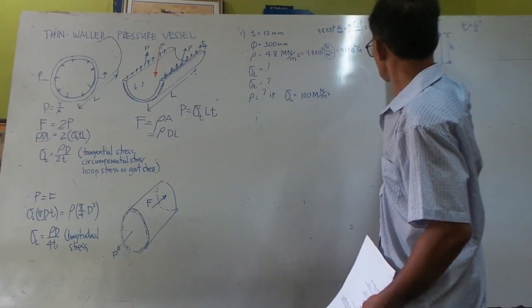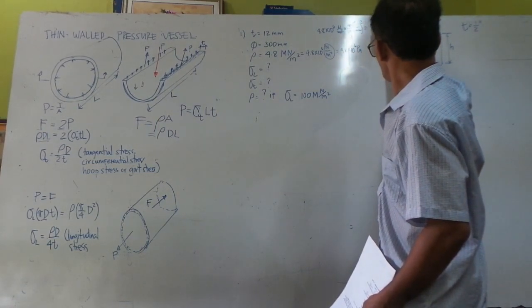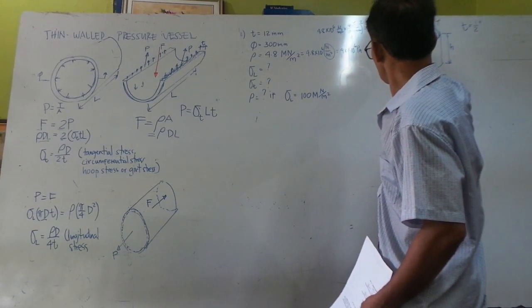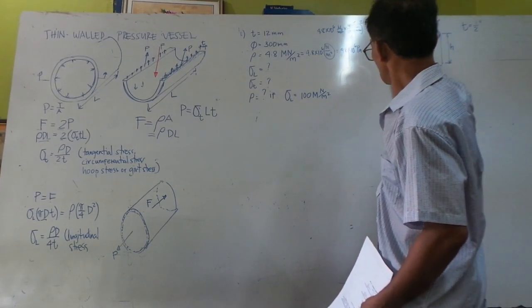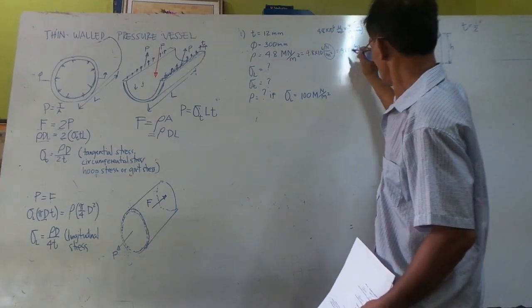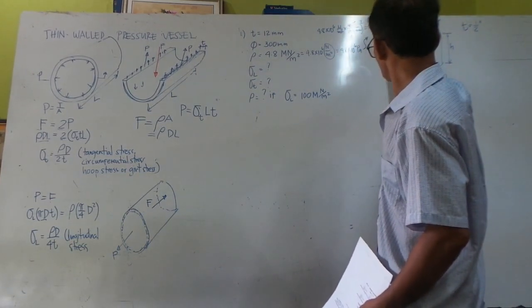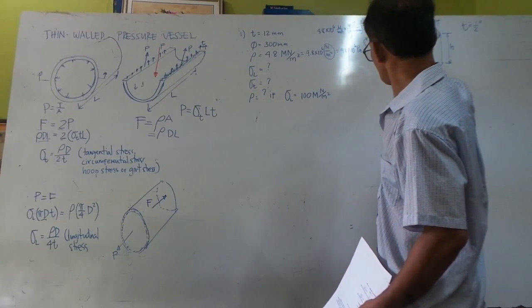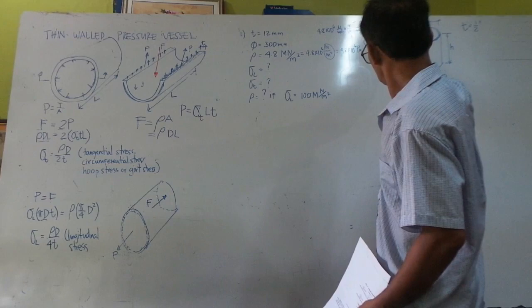So this is just equal to 4.8 Newton per mm squared, which is also equivalent to 4.8 mega Pascal.